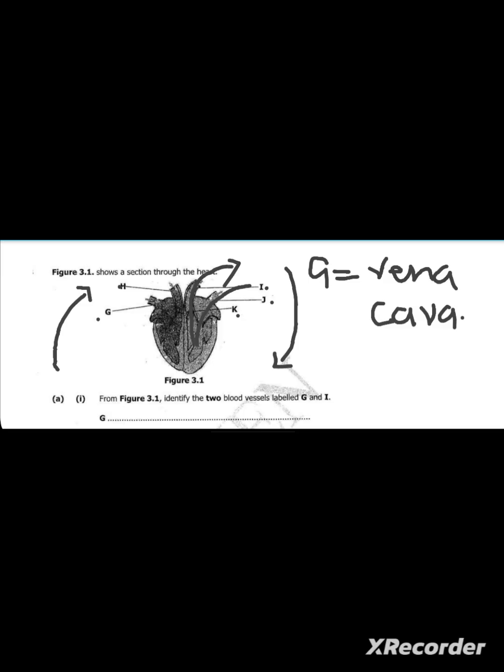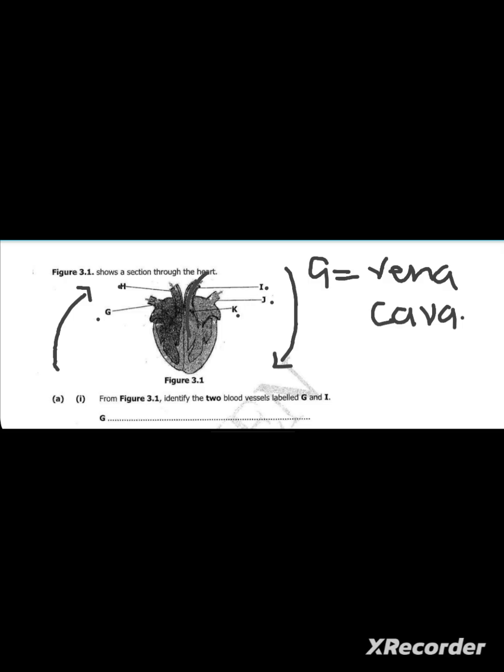When the blood is returning from the lungs to the heart, it is carried through the pulmonary vein. Then when the blood is pumped to the rest of the body, it goes via the aorta.